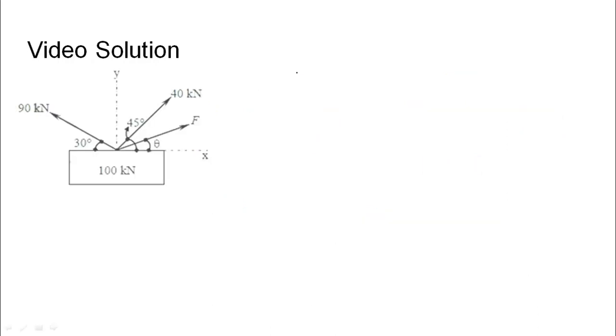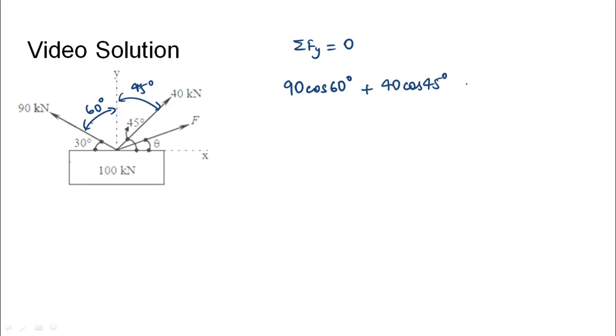So in this case, firstly we will resolve all the forces along the y direction and make it 0. We can see that this angle is 60 degrees. So that would be 90 cos 60 degrees along the vertical, plus we can see that this angle would be 45 degrees, so that would become 40 cos 45 degrees.